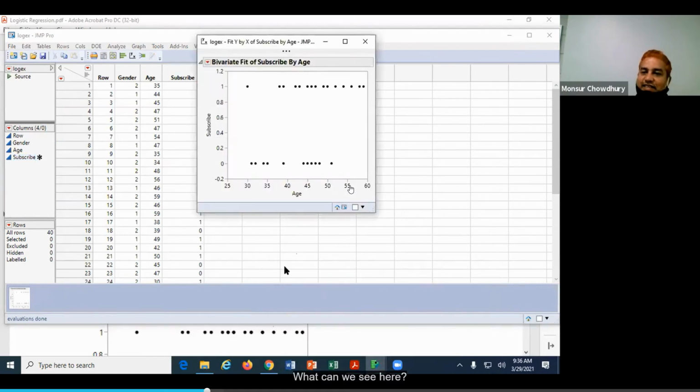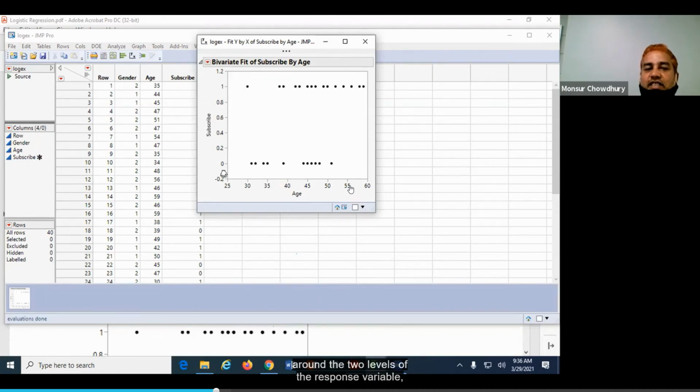What can we see here? All the points are scattered around two levels of the response variable, one at 0 and another at 1. This is our age, the predictor, and subscribe is our response variable. The response variable is not continuous, so all the points cluster around the two levels.